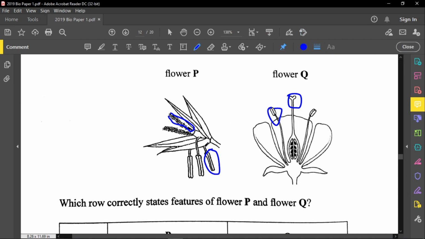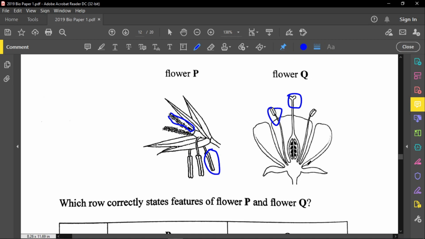And so if you look at the design of the flower, this type of flower will be more insect pollinated because the stigma and the anther are pretty much close. But in this one, flower P, they are far apart, okay? They are very far. As a matter of fact, the anther is outside of the flower. So if the anther is outside of the flower, the flower will not attract any insect. So this will be, for example, a wind pollinated type of flower, right?